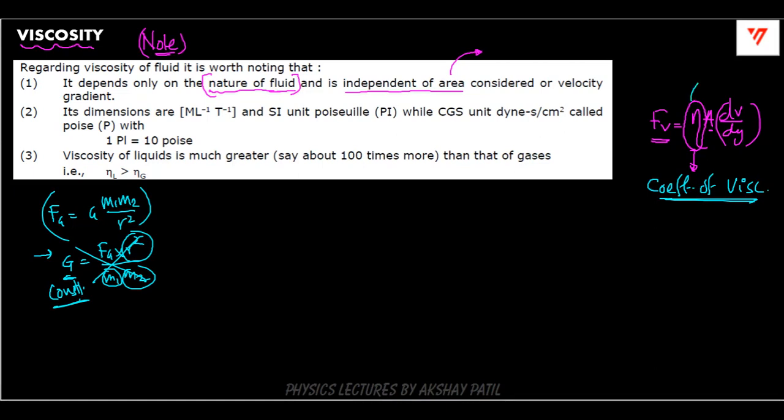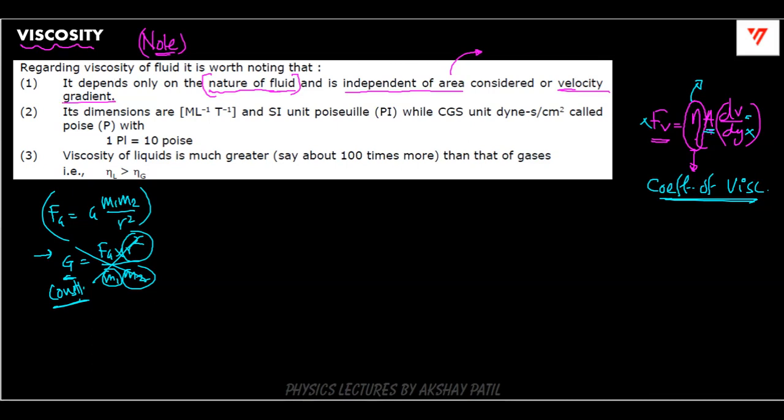It will only depend on the fluid you are choosing. For water it will be different, for air it will be different. It will not depend on any of these parameters. The force is dependent on this area and everything, and obviously eta is independent of area and the velocity gradient.